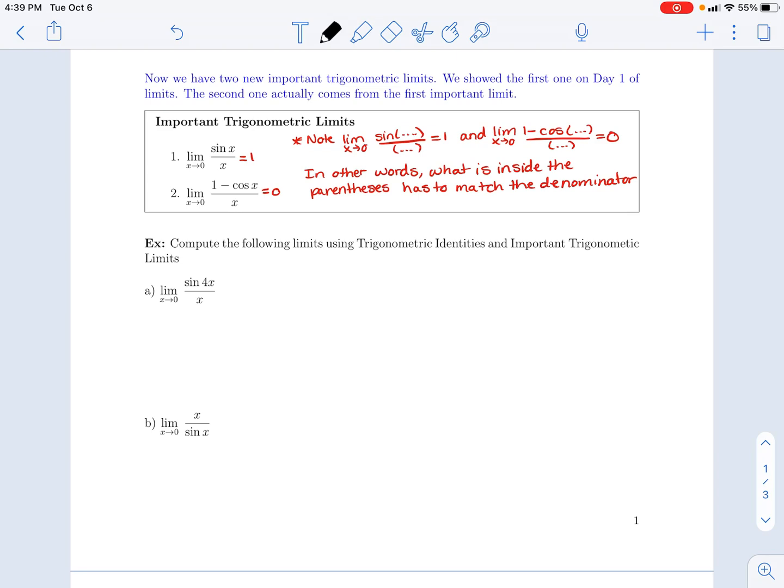In other words, what is inside the parentheses has to match the denominator in order for you to say, okay, well, it's equal to 1 in terms of the sine of parentheses over parentheses, and then the limit as x approaches 0 of 1 minus cosine of parentheses over parentheses, that's equal to 0. So the idea again is that what's inside the parentheses has to match in the denominator in order for you to use this important trigonometric limit.